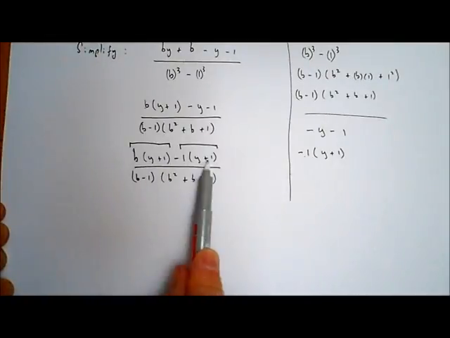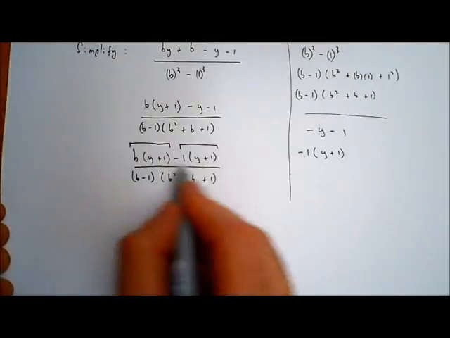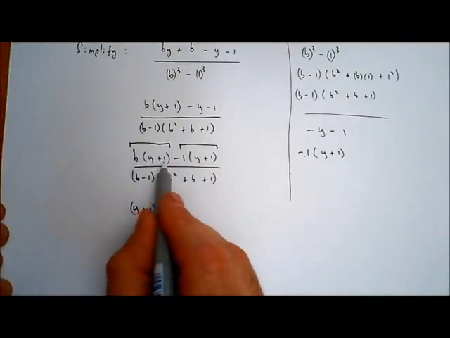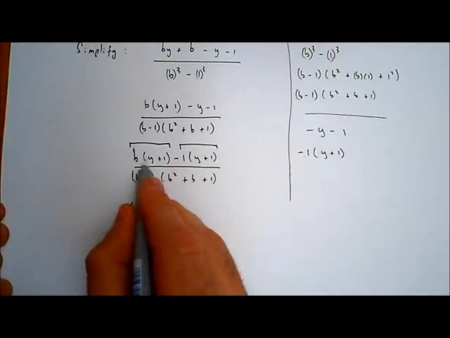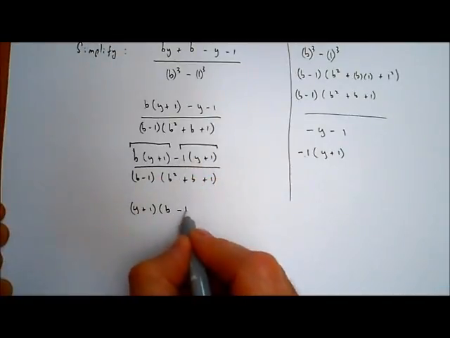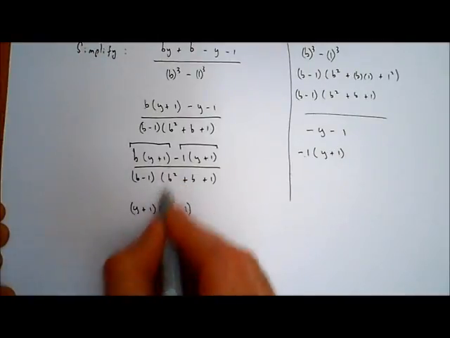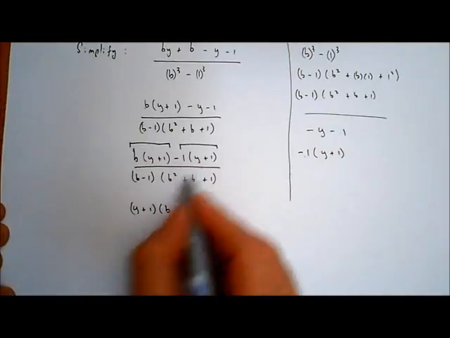So I'm going to factorize out y plus 1 here, and rewrite the whole numerator as y plus 1 times what will give me this part? Well, b. So y plus 1 times b, and then y plus 1 times minus 1, so minus 1. So y plus 1 times b will give me that, and y plus 1 times minus 1 will give me that.